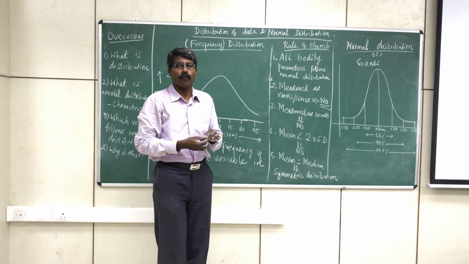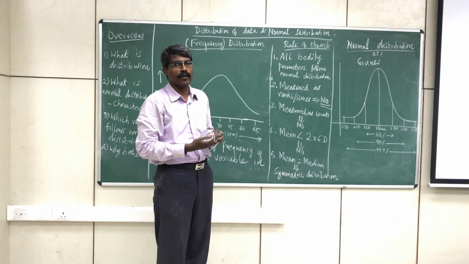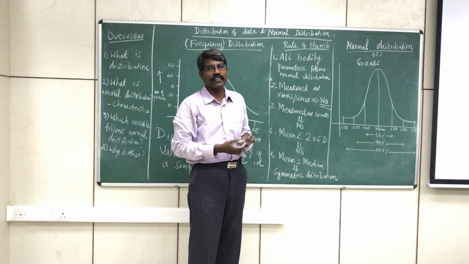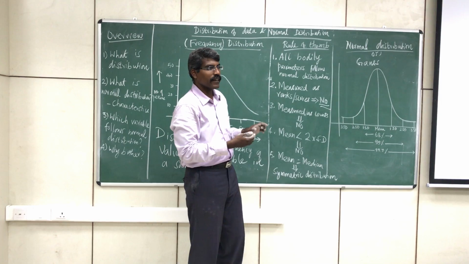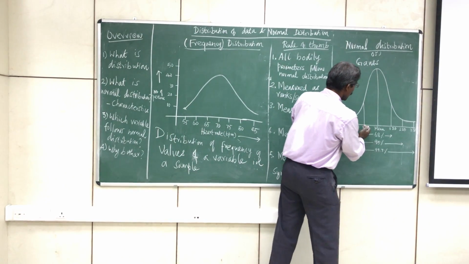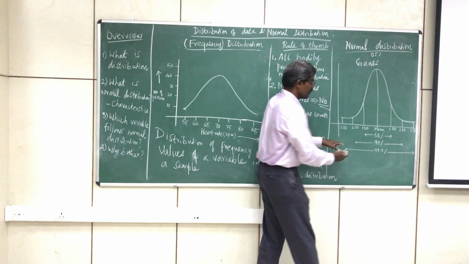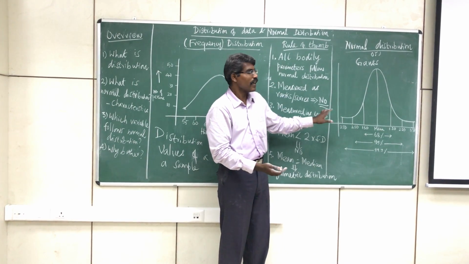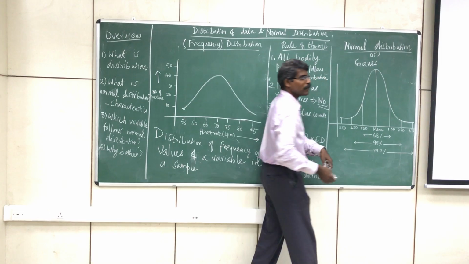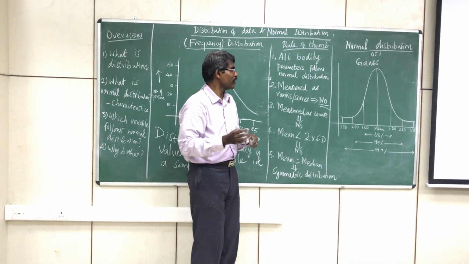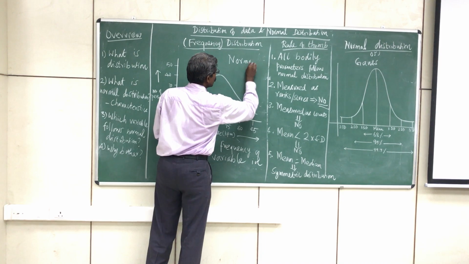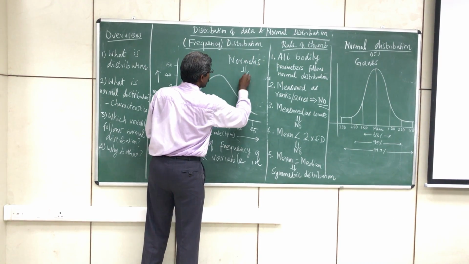Now, why is this called normal distribution? Because when Gauss wanted to explain this mathematically, he erected perpendiculars from the mean, say for example like this, on both sides at plus 1 SD and minus 1 SD, and he explained that these perpendiculars will cover 68%. The Latin word normalis refers to perpendicular.